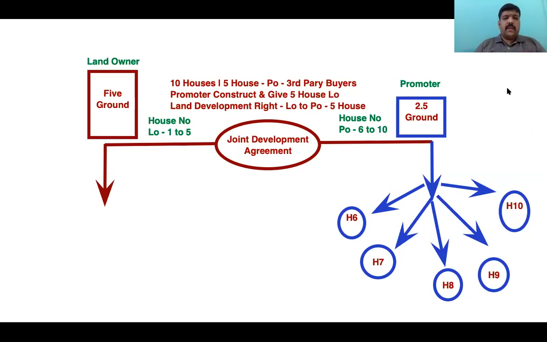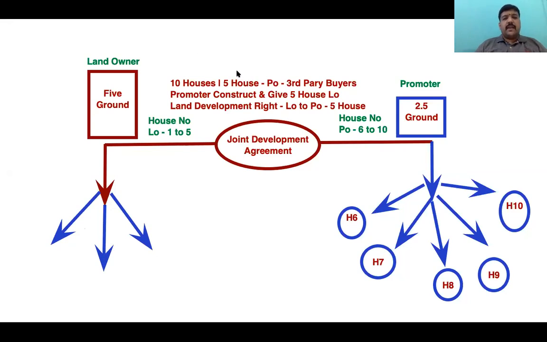Now, similarly, the 5 flats given to the landowner. He gets all the flats after construction, and generally he will sell those flats after construction. As you are all aware from Schedule 2, if you sell a flat after construction, then it is not liable for what?